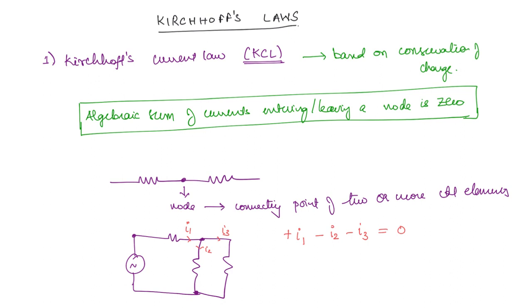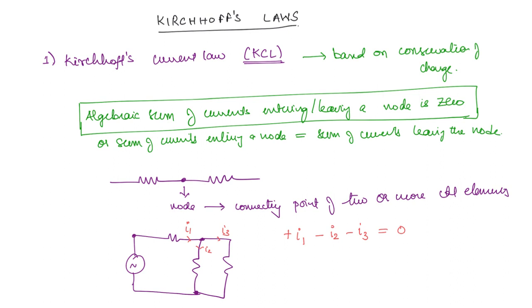Another way of looking at it is that the sum of currents entering a node is equal to the sum of currents leaving the same node.